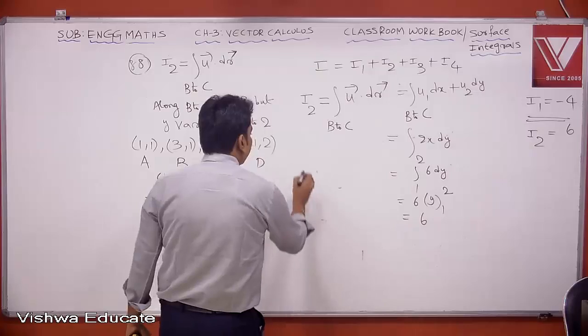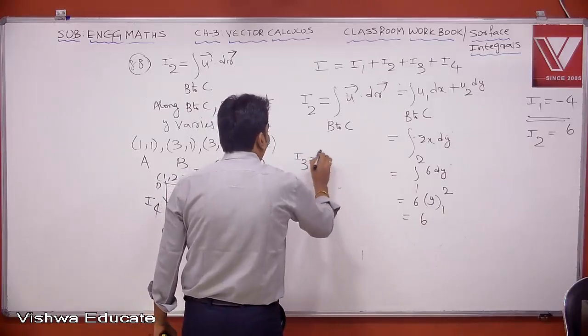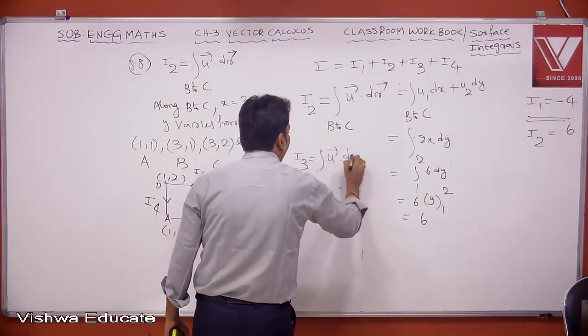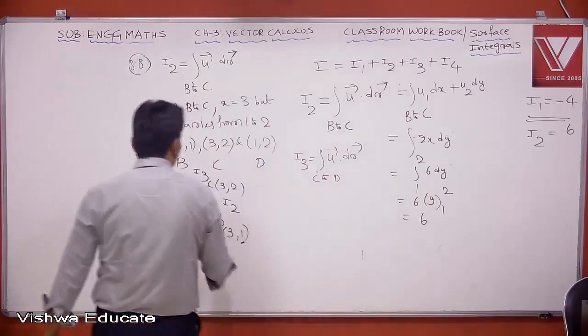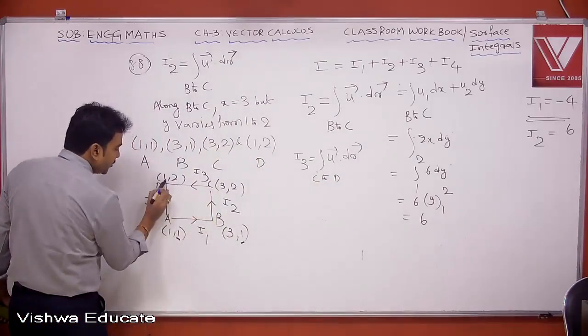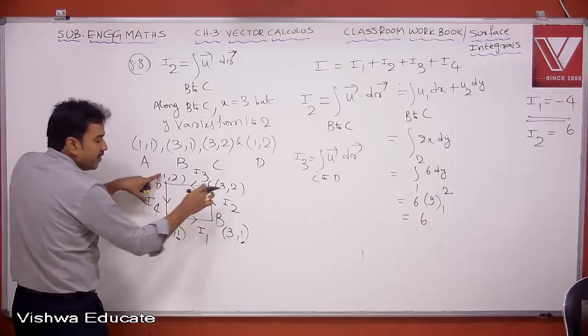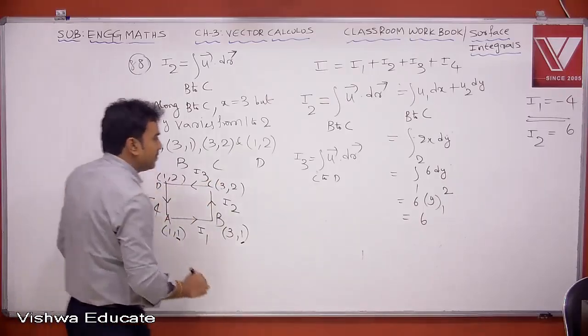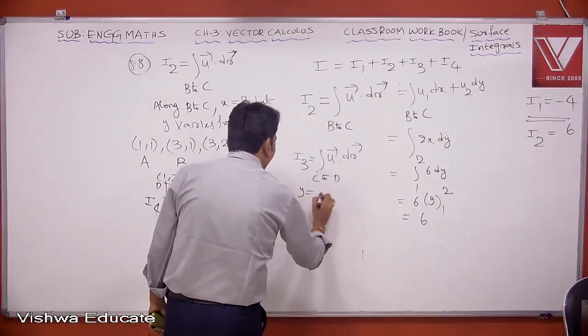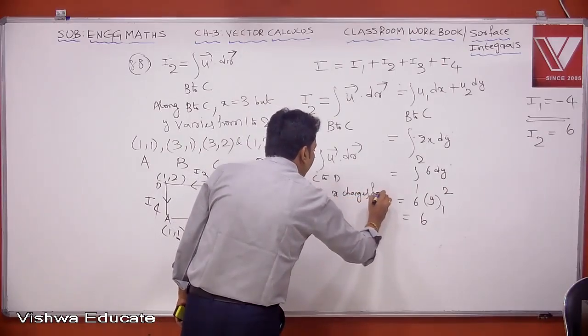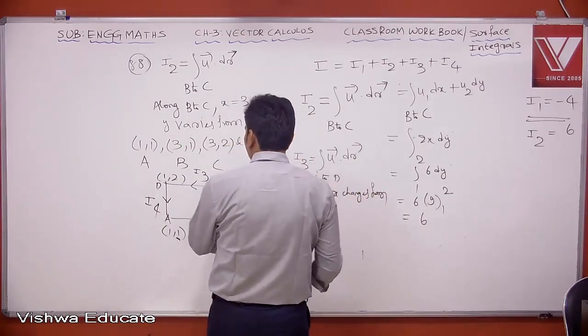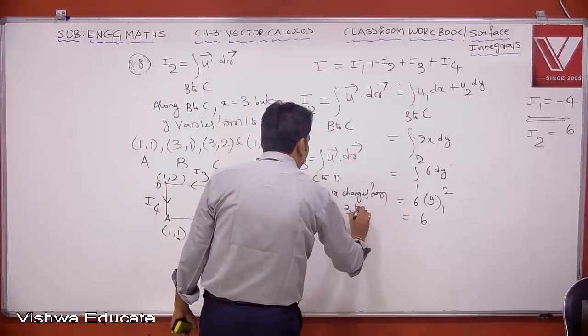Now let us find I3. So I3 is integral U bar dot dr bar from C to D. Now from C to D, in this direction, x is ranging from 3 to 1, but y value is 2, fixed. So y value is 2, but x changes from 3 to 1.